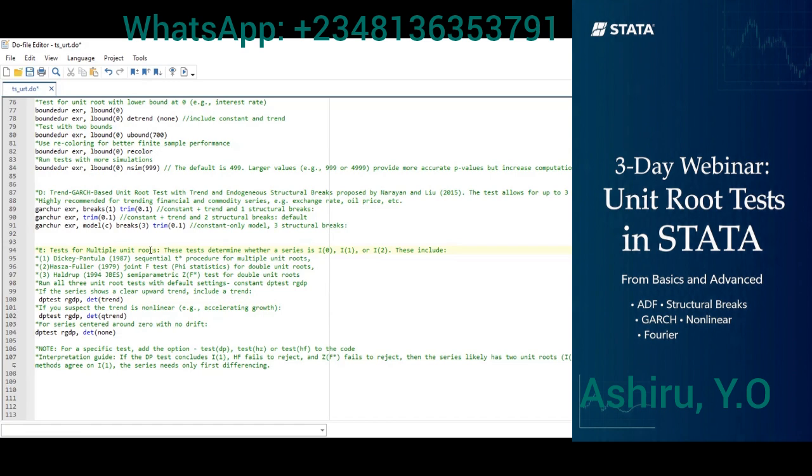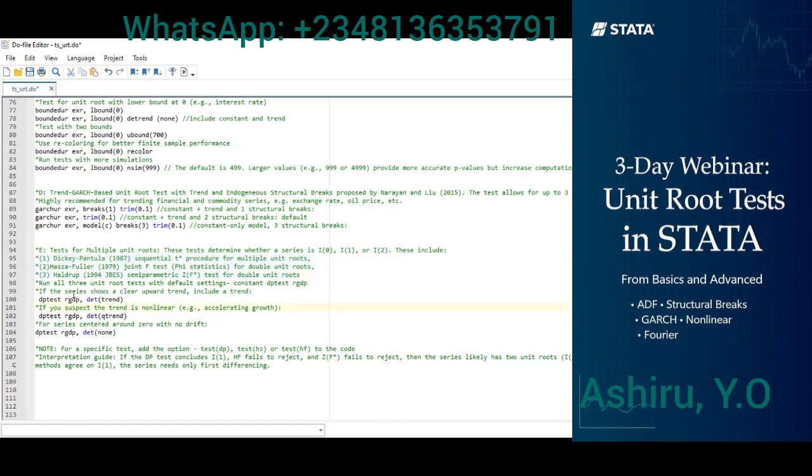So that is the idea behind these 3 tests: the Dickey-Pantula test, the Hasza-Fuller test, and the Hylleberg test. That is their argument, that we should start from the top and check: is the series stationary at second difference? Is it stationary at first difference? Is it stationary at level?